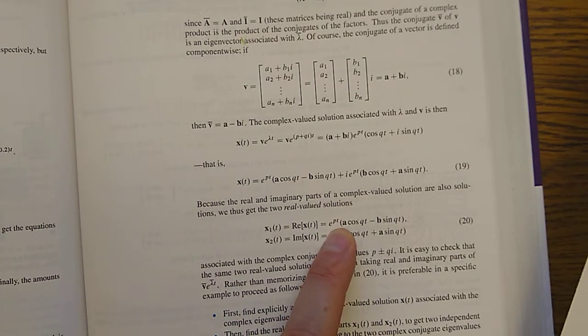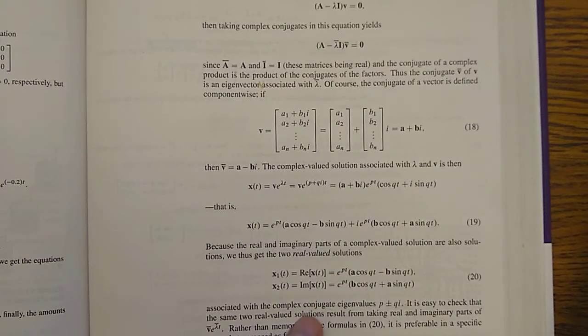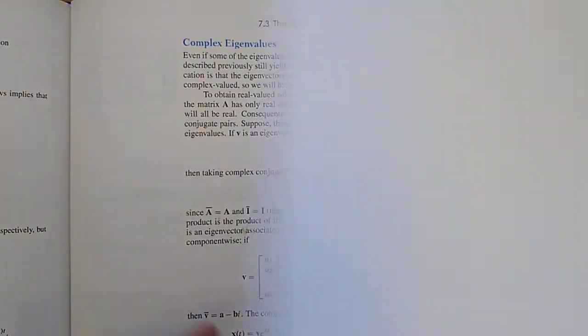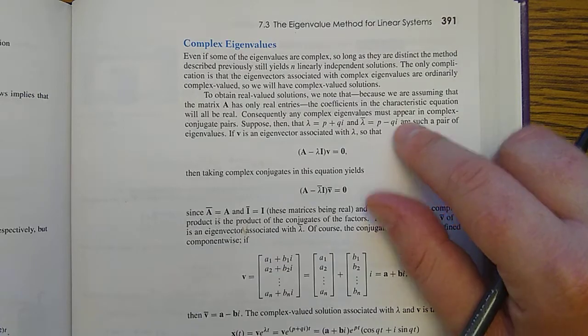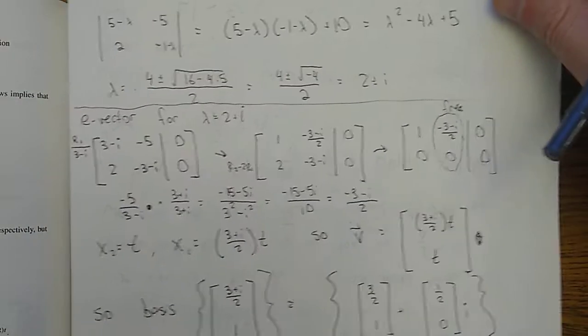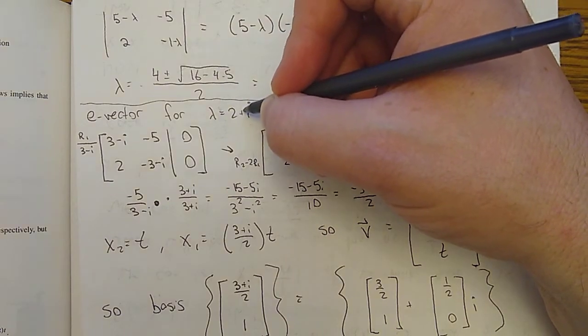So how does this work? The eigenvalues are p plus qi and p minus qi. So for us, p is 2 and q is 1.